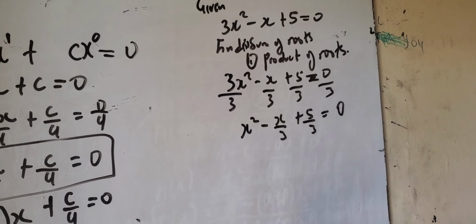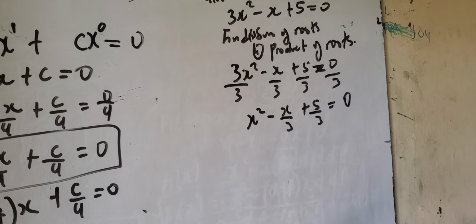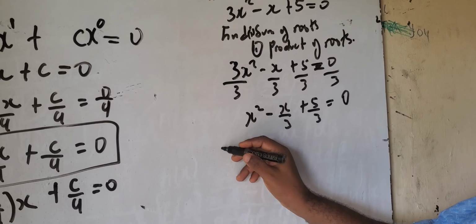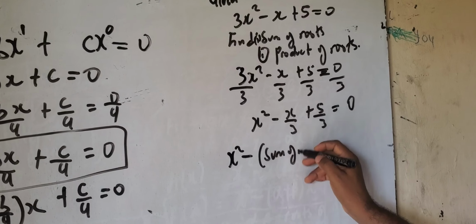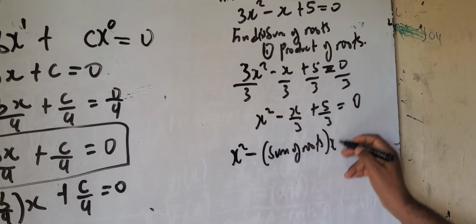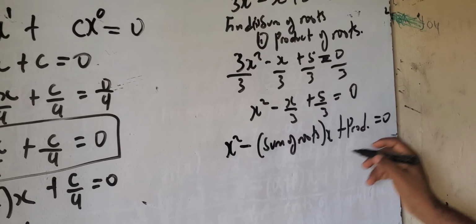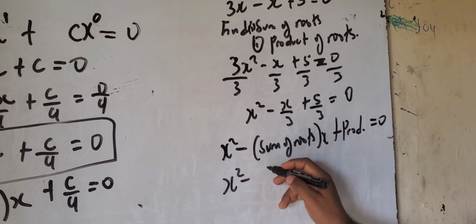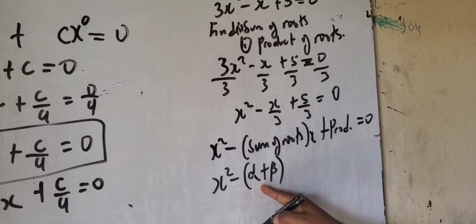Now, the first formula for the quadratic equation that I obtained the other time, I said x squared minus, you say sum of roots, you now say x, you now say plus product of roots is equal to 0. So you can now write that x squared minus sum of roots, which means alpha plus beta inside bracket, please.